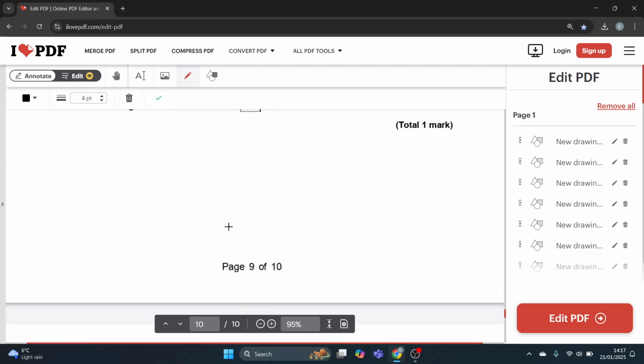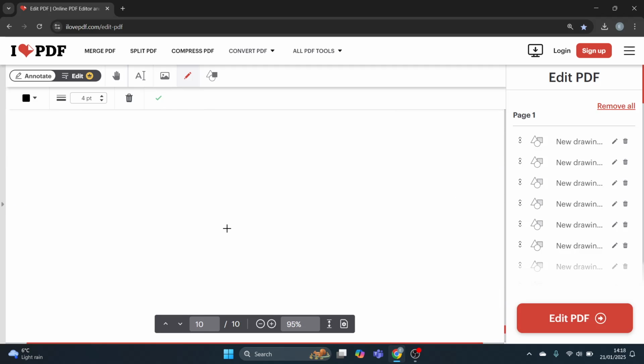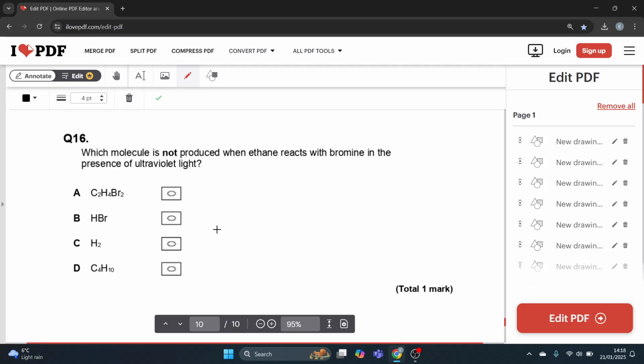And question 16 says, which molecule is not produced when ethane reacts with bromine in the presence of ultraviolet light? So again, we're not going to form hydrogen, and we're not going to form butane. So those are just two random options to trick you out. So left with A and B, HBr or C2H4Br2.